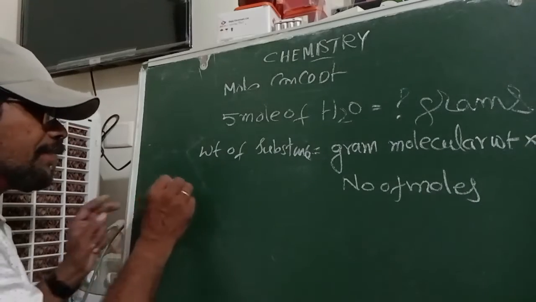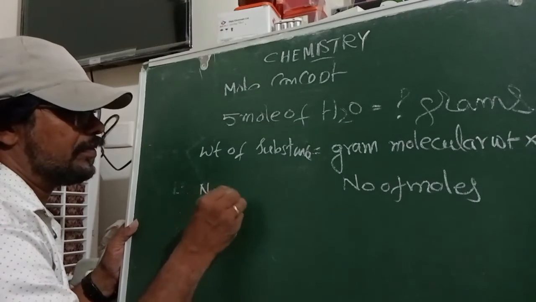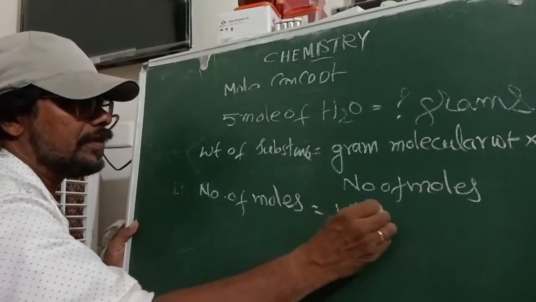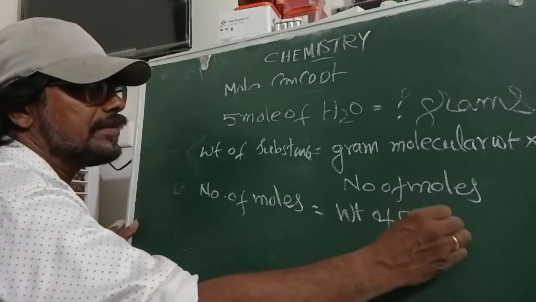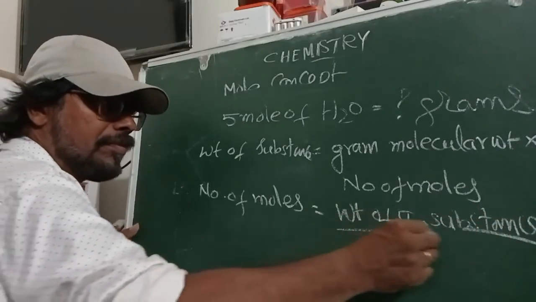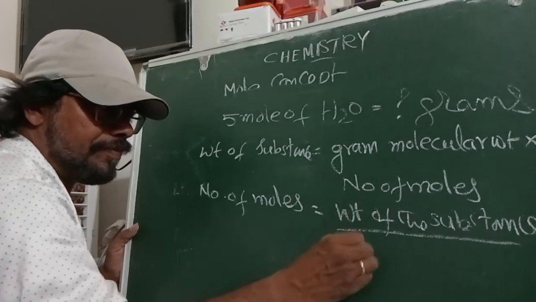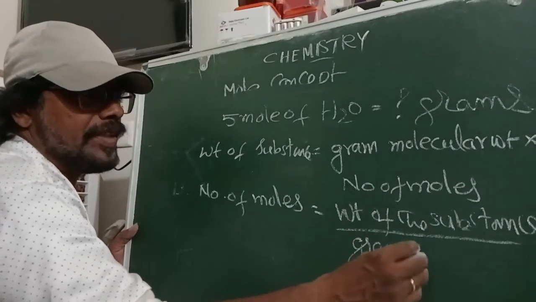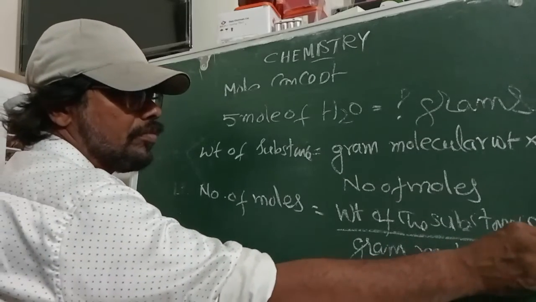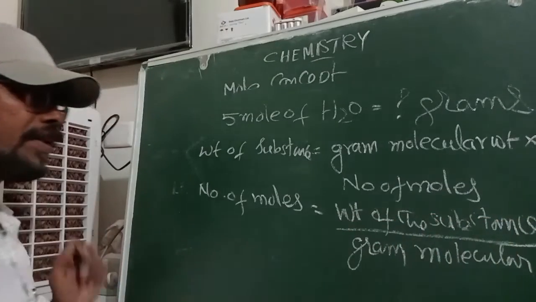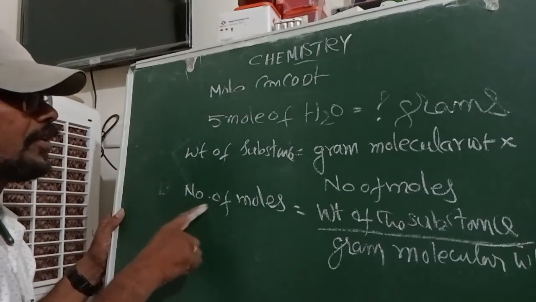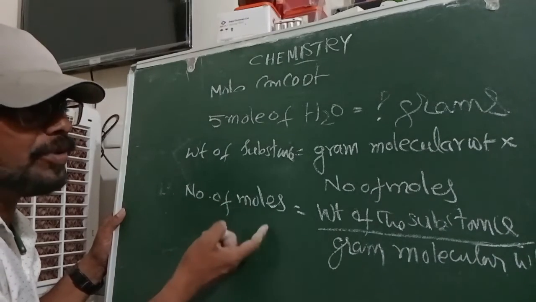Therefore, number of moles is equal to weight of the substance by gram molecular weight. Understand? So number of moles, how many moles are present?